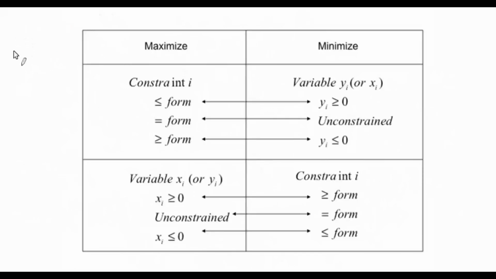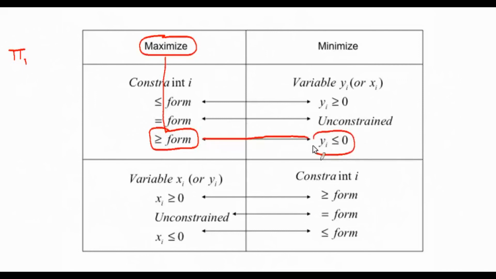So let's do the sign restriction on pi sub 1. We have a maximization problem. The corresponding primal constraint is of the greater than or equal to form, which means we go over to the right and we get a sign restriction of less than or equal to 0. So we have pi sub 1 is less than or equal to 0. Pi sub 2 is also associated with a constraint that is the greater than or equal to form. So we get the same result.